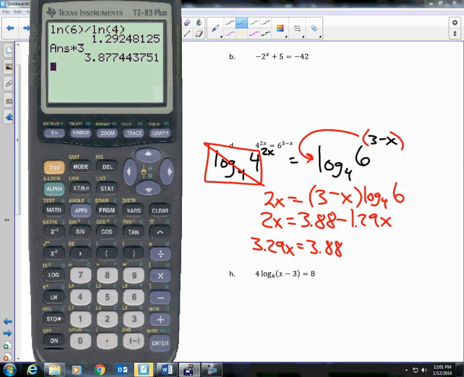So I'll just figure it out here. Now I take 3.88 and divide by 3.29. I get my answer, which is 1.1. So that's a pretty difficult question. The 4 to the 2x equals 6 to the 3 minus x, and trying to solve that, I'd do a lot of guessing too, trying to find it exactly.